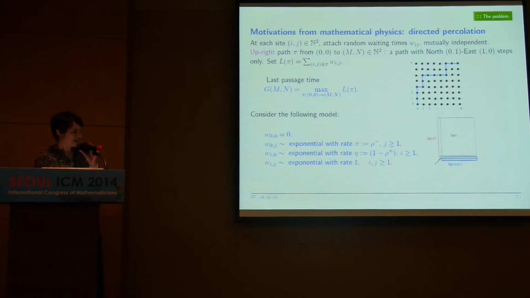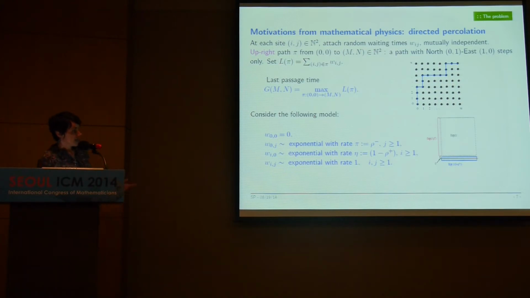So I need to define the set of admissible paths, which are paths consisting only of north and east steps. Given such a path, we can consider a passage time, say from the origin to some point (m,n), which is simply the sum of the waiting times you collect along the path. Okay, and we are then interested in the last passage time, which is the maximal such passage time you can get when you consider all the set of admissible paths from the origin to (m,n).